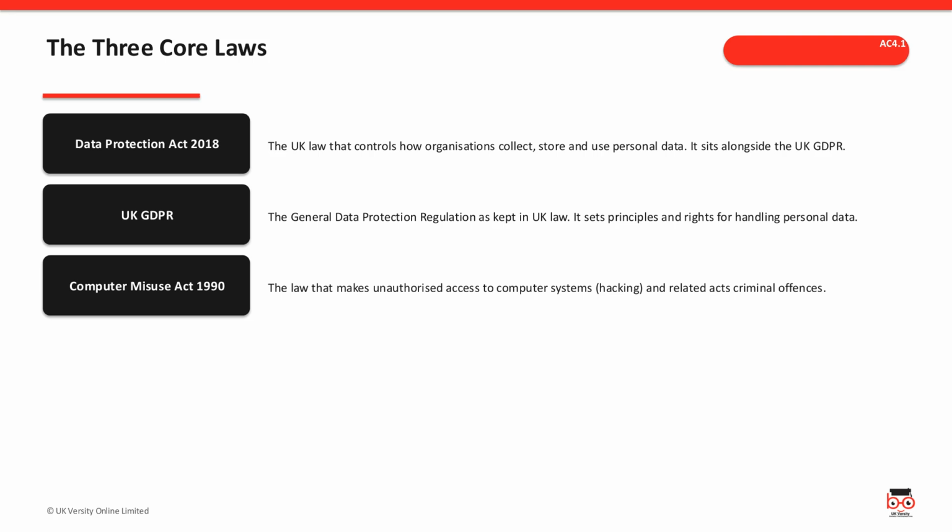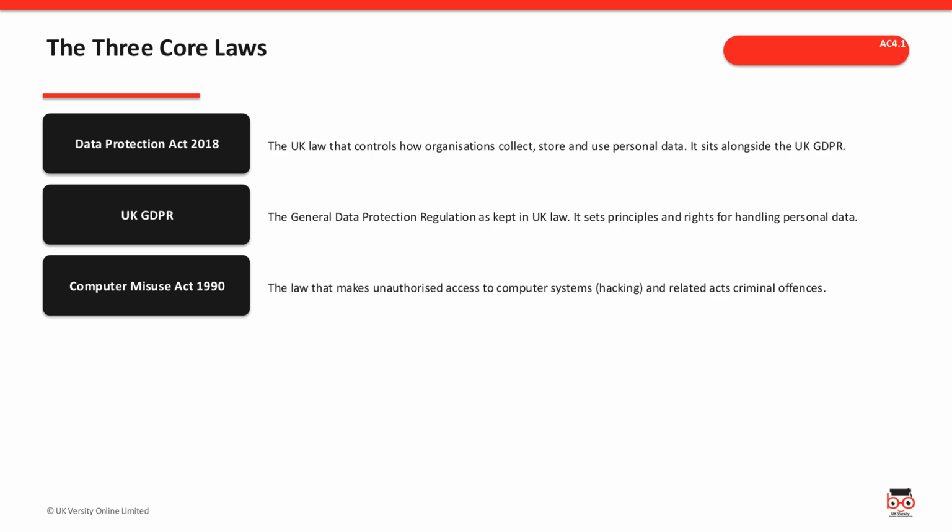Let's define the three core laws properly. The Data Protection Act 2018 is the UK law that controls how organisations collect, store, and use personal data, and it sits right alongside the UK GDPR.